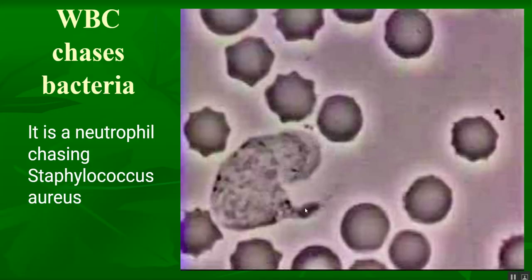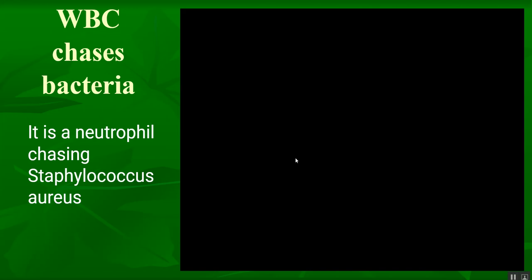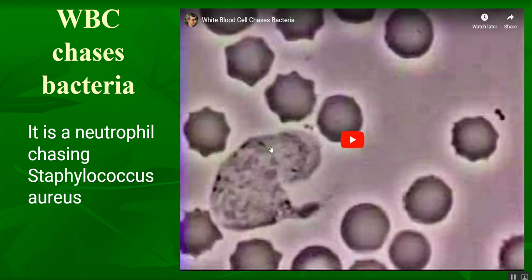In this slide right here, I'm going to play it for you in a second, hopefully. This is going to be a white blood cell right here. So this is a white blood cell called a neutrophil. And this little guy right here is a bacteria. It's actually Staphylococcus aureus, and that's what causes a staph infection. That can make you very, very ill.